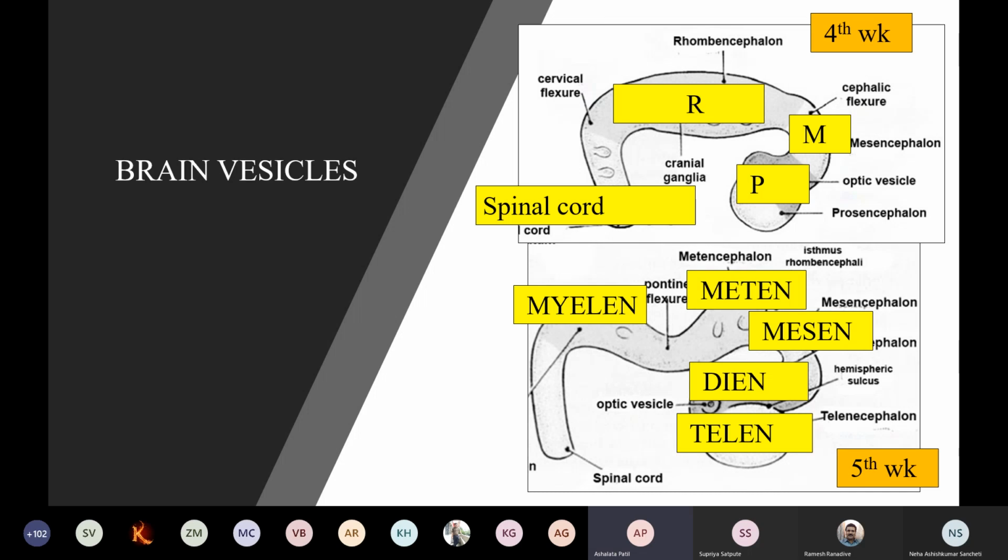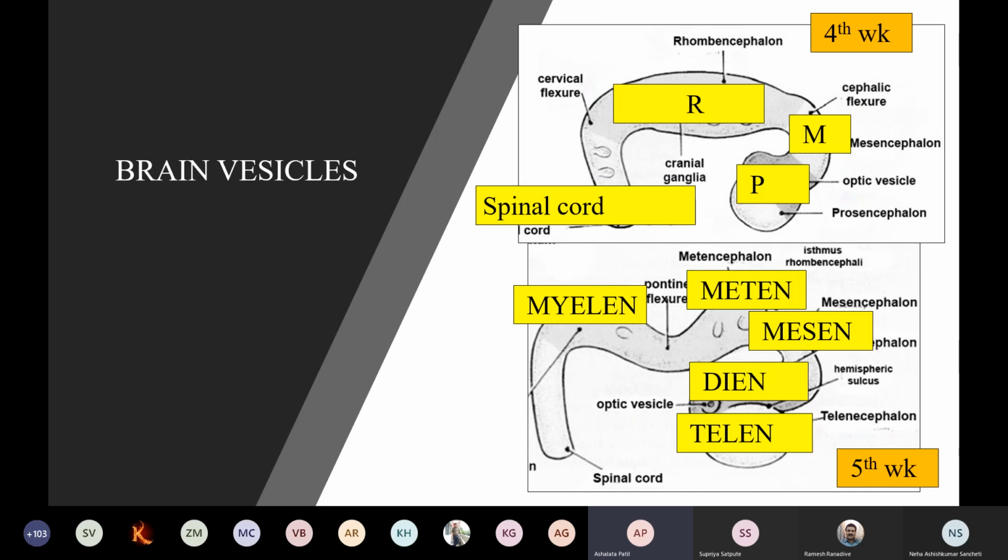Now during the 5th week, these vesicles grow and further changes are seen. The forebrain vesicle, or prosencephalon, shows 2 lateral outgrowths, called telencephalic vesicles. So the prosencephalon is divided into two telencephalic vesicles, and the original prosencephalon persists as the diencephalon. Then the mesencephalon doesn't grow much; it remains as such. The third vesicle, the rhombencephalon, gets divided into two parts.